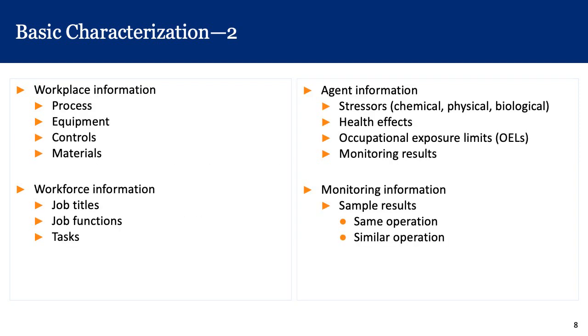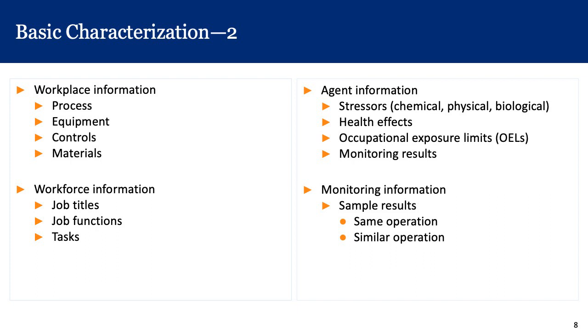So let's dig in a little bit deeper into each one of these categories. So, in terms of the workplace information, this includes information regarding the industrial process that is occurring there and the equipment that is being used in this, the various controls, meaning exposure controls or means for controlling workers' exposures, and also the various materials that are being used in this.